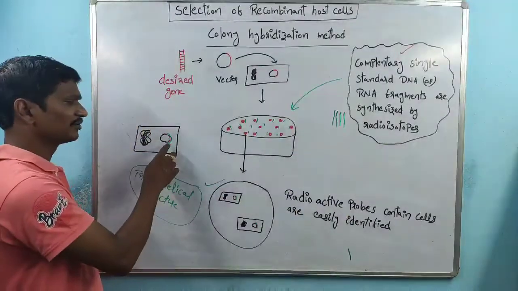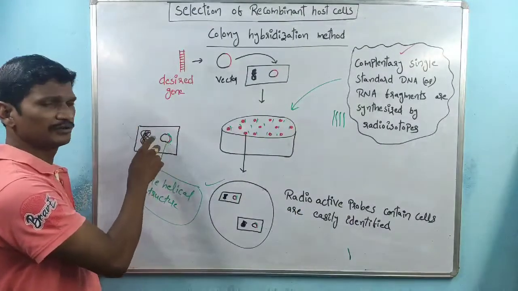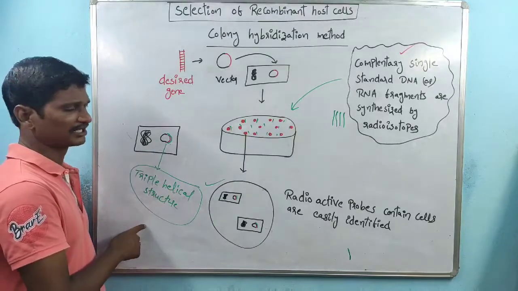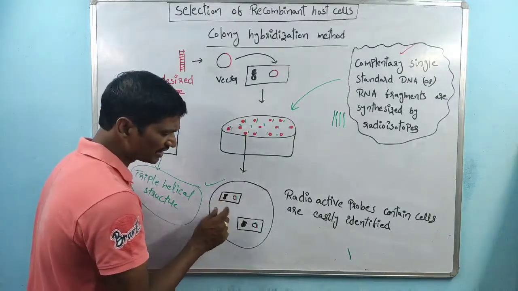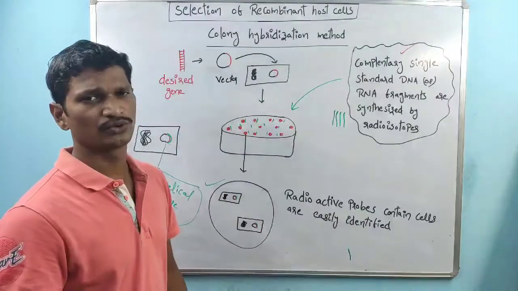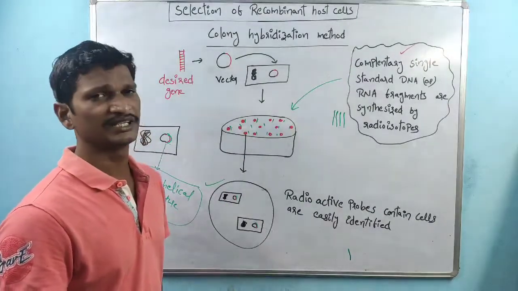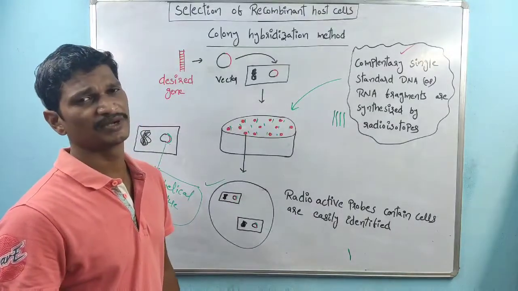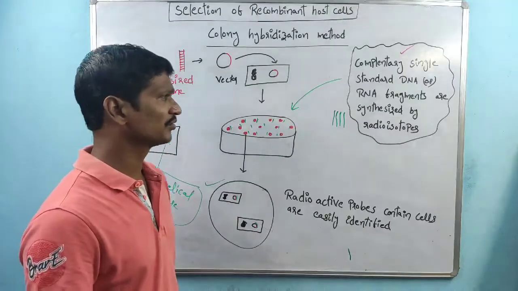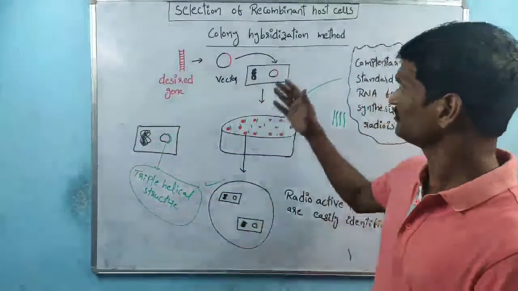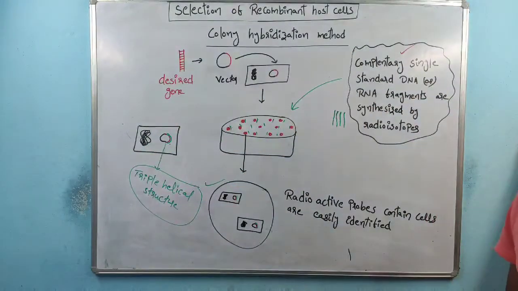These radioactive isotope fragments bind to the desired genes, forming the triple helical structure. So the cells containing radioisotope fragments are very easily identified. The method is called the colony hybridization method. So that is about the selection of recombinant host cells.